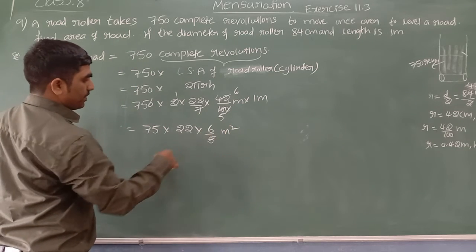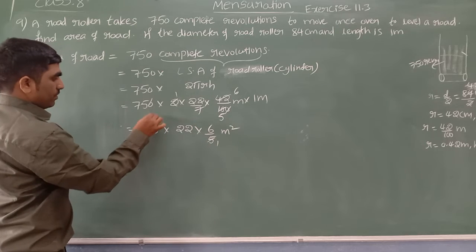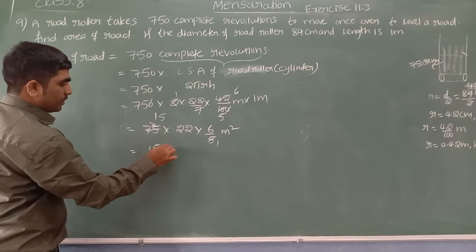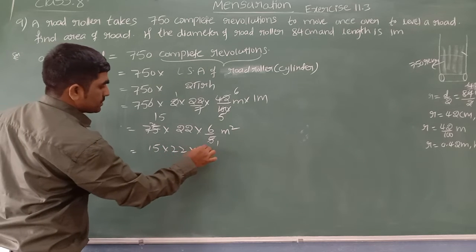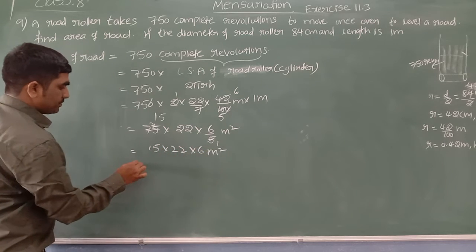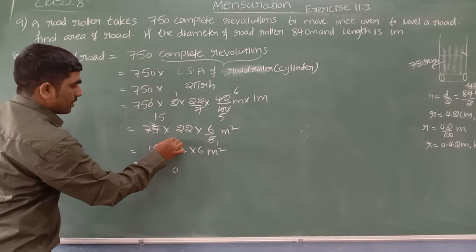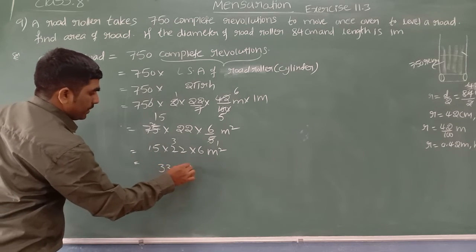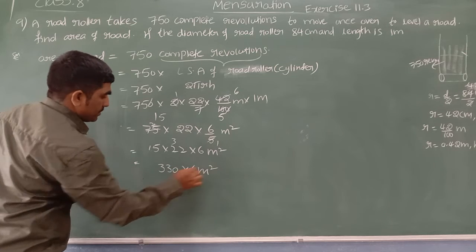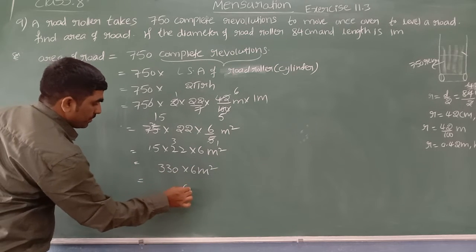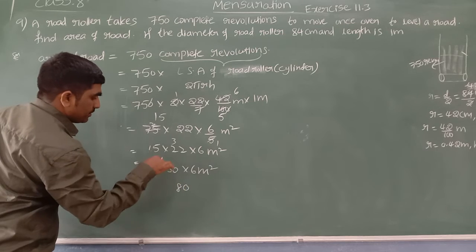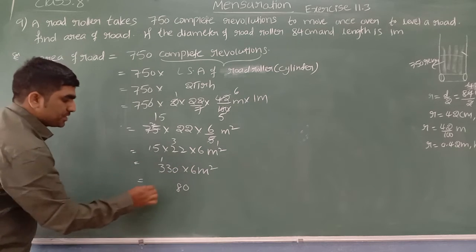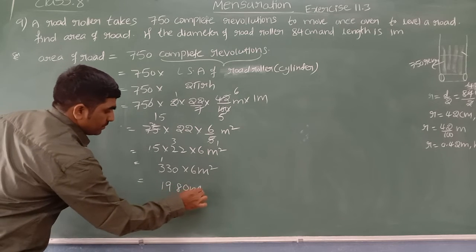Now next you can see, 5 ones are 5, 5 fives are 25. So 15 into 22 into 6 square meters. 15 twos are 30, 0 and 3 carry. 30 plus 3, 330 into 6 square meters. 6 zeros are 0, 6 threes are 18, plus 1, 19.